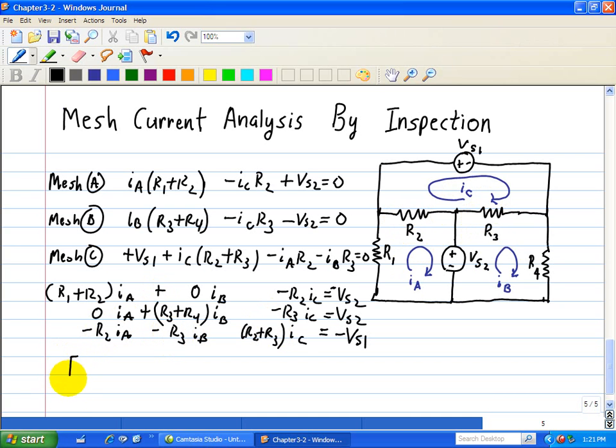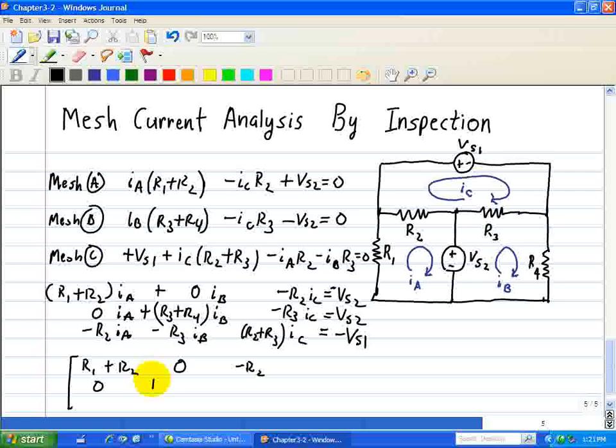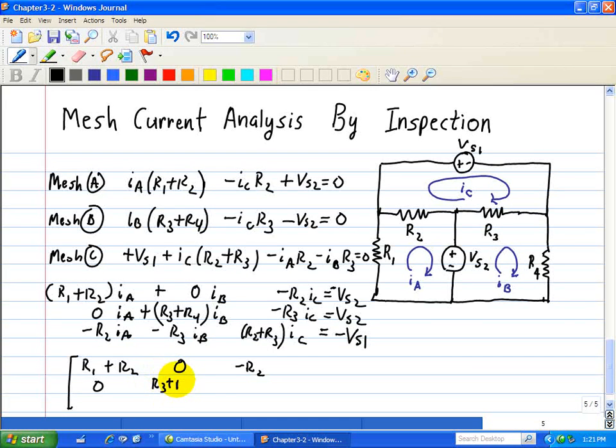So we put this in matrix form. We can almost do this by inspection. So we have R1 plus R2 for IA. We have no common current with IB, and we have a minus R2. Next we have 0 IA, and then for IB we have R3 and R4, then we have a minus R3 since that's for IC.